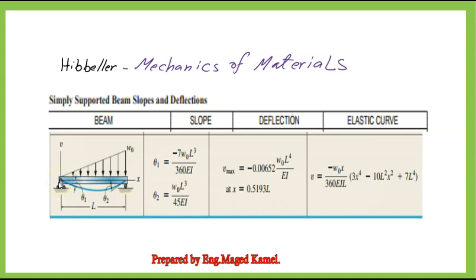We can see here at the left support we have the two axes, x and the small v axis. These values, whether theta or deflection or elastic curve, are derived from Professor Hibbeler's book, Mechanics of Materials. Now we will move to the next slide.